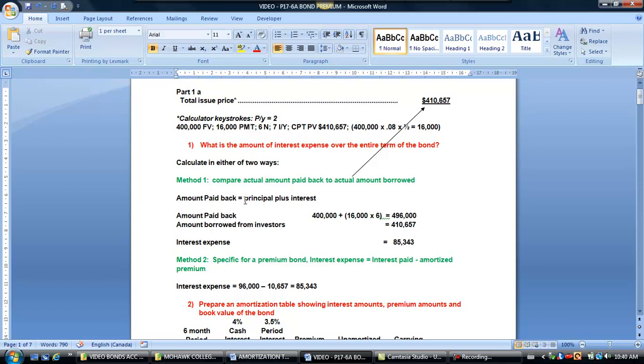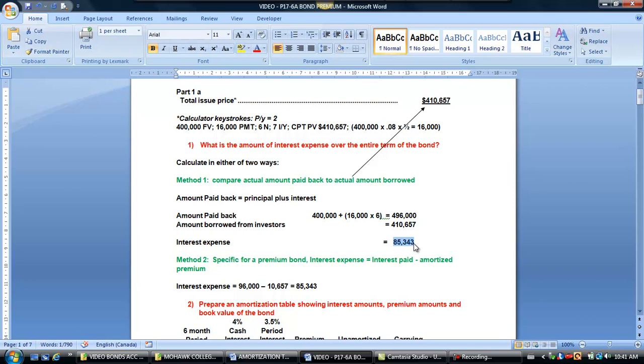And we know that we will be paying back principal, which is $400,000, plus interest, which is $16,000 every 6 months over the 3-year period, which means we're going to be making 6 interest payments over the 3-year period. So therefore, the total amount that we would pay our investors back is $496,000, but they gave us $410,657. So our interest expense should be $85,343 over the entire period.